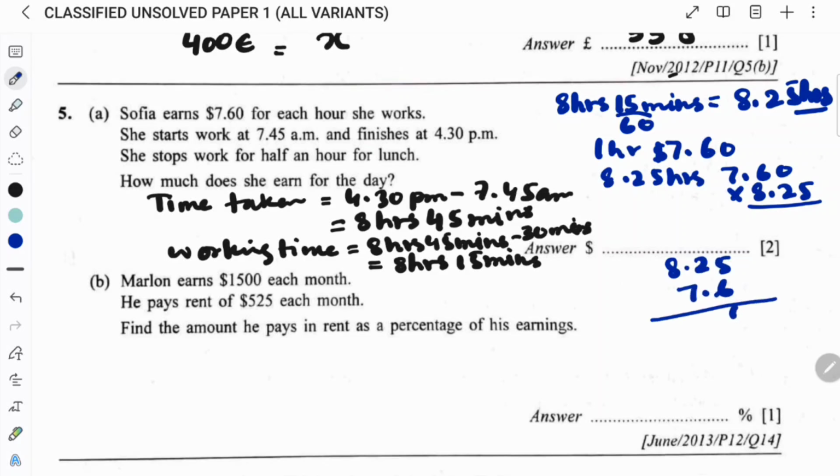So I'm multiplying here. 8.25 and 7.60 means 7.6. 6 5s are 30, 6 2s are 12, 34 and 15, 6 8s are 48, 49. Now I'm multiplying with 7. 7 5s are 35, 7 2s are 14, 15, 16, 17, 7 8s are 56, 57.